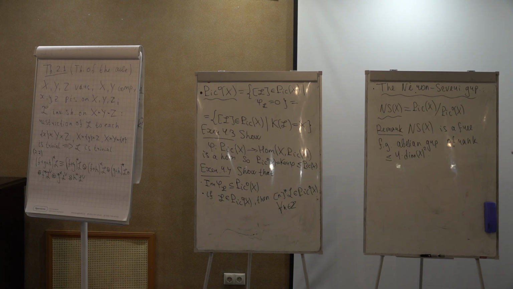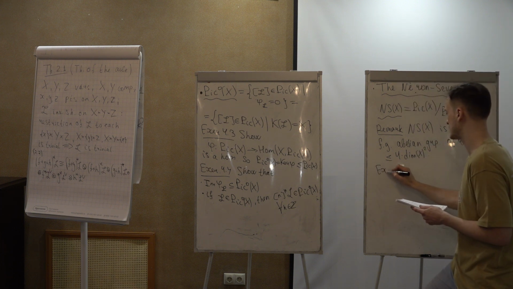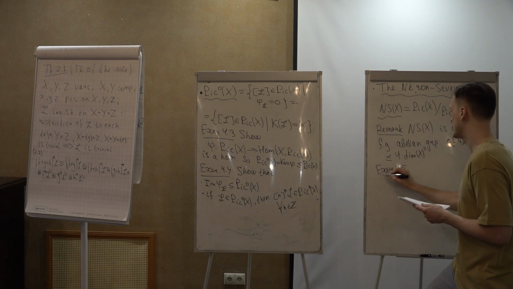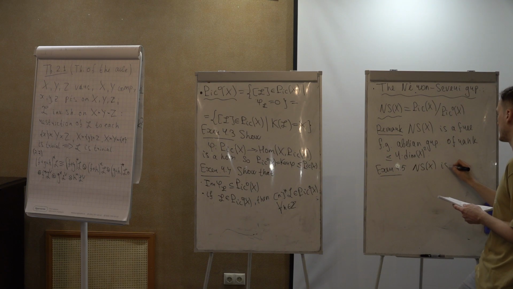So this was proved by Severi over complex numbers and by Néron over arbitrary fields. This we will not prove, of course, but you can show as an exercise that it is torsion free.